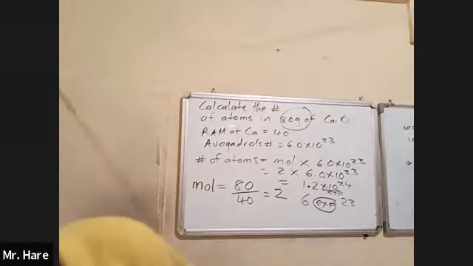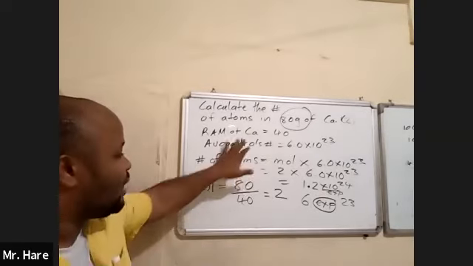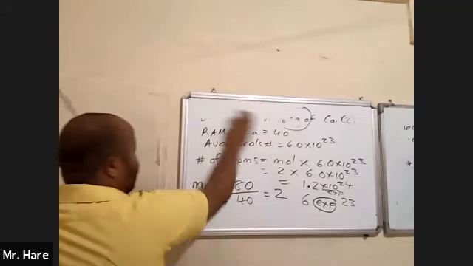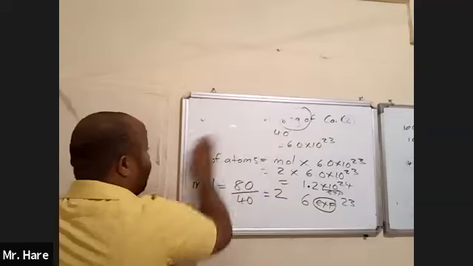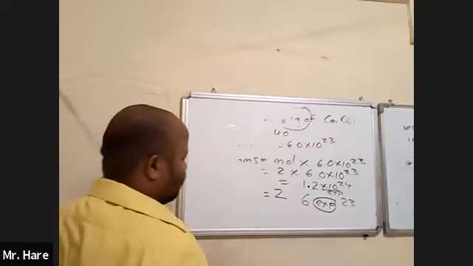But yeah, I'm going to show you the next type of question. This one is the easier one. You put down 1.2 times 10 to the power of 24.